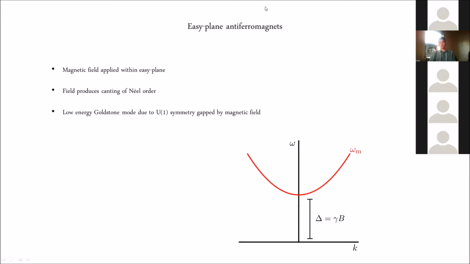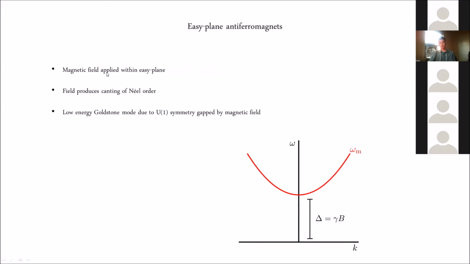So we'll be looking at easy plane antiferromagnets with nuclear spins embedded in them. But the first question would be, can we explain the data by just some ordinary electronic contribution to the spin-Seebeck effect? For an easy plane, that's what I'll explain first.